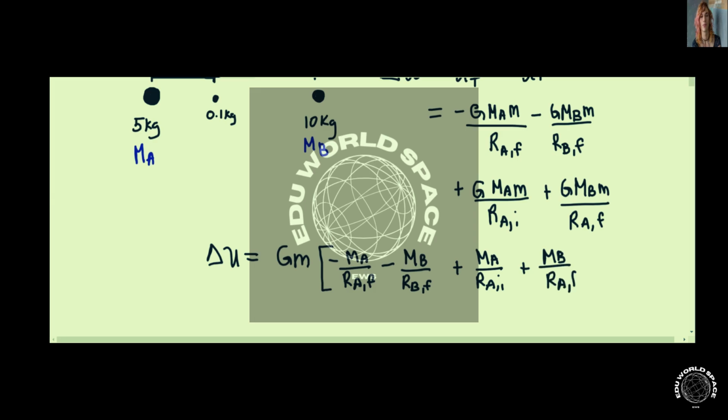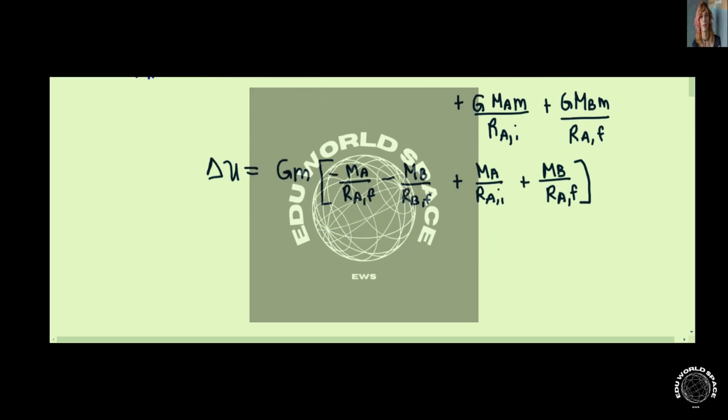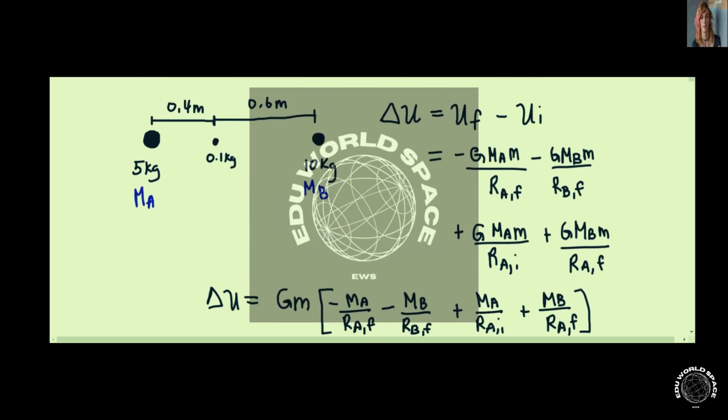Of course we have G, that's 6.67 times 10 to the minus 11. Our little m is 0.1. Mass of A is 5, and that's over the final separation between A and the small mass.